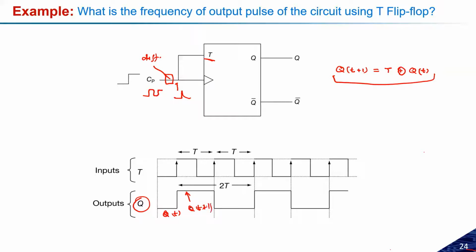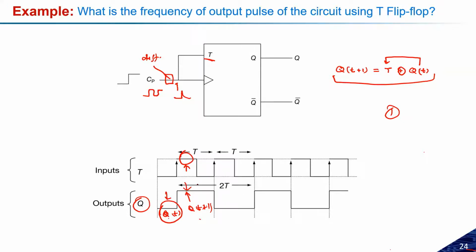So to get the Q(t+1), what do I have to consider? I have to consider the Qt and the T. This will be the Qt that I have to consider, and this is the T which we have given over here. So T here is 1 and Qt is 0, so I will get logic 1. So Q(t+1) will become logic 1.